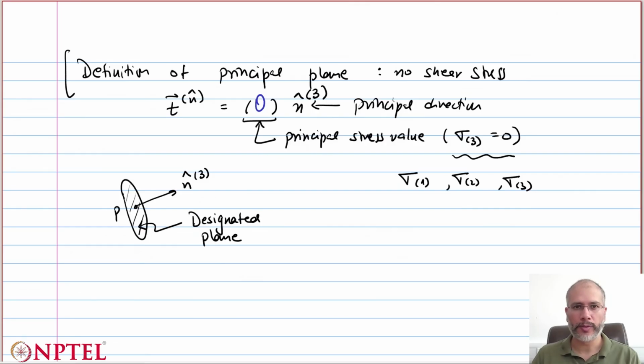So this is terminology. Since we know that the three principal stress directions are mutually perpendicular to each other, that means n1 hat and n2 hat will lie in the designated plane.